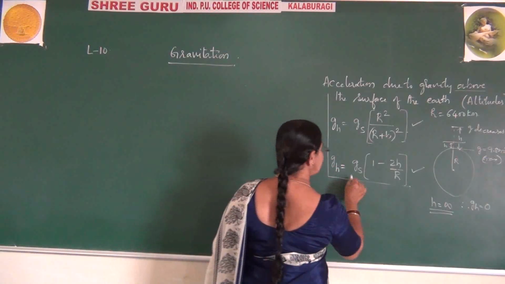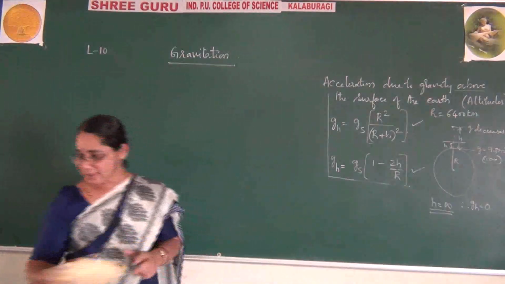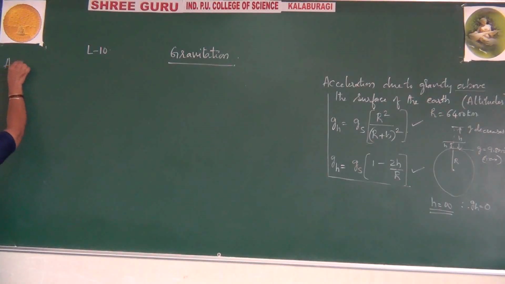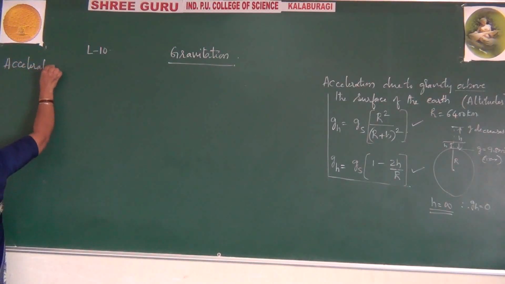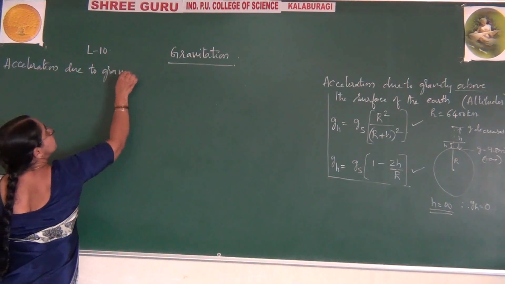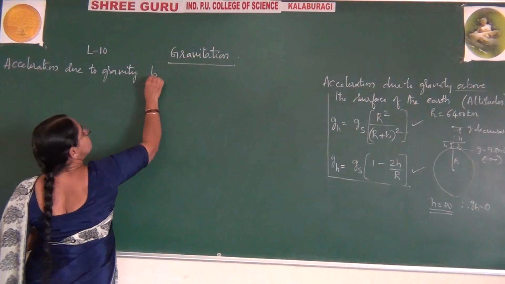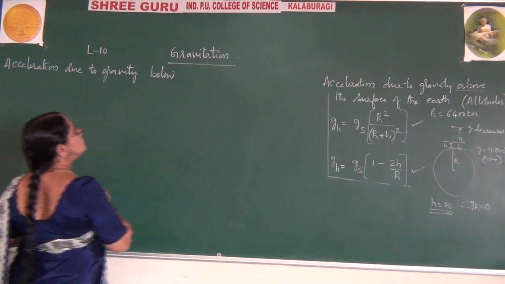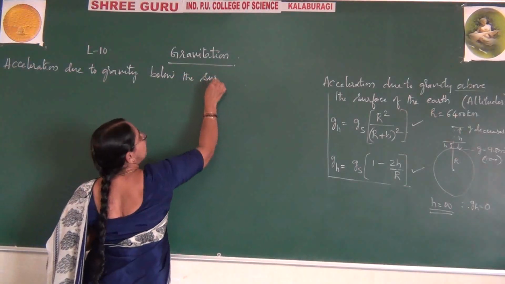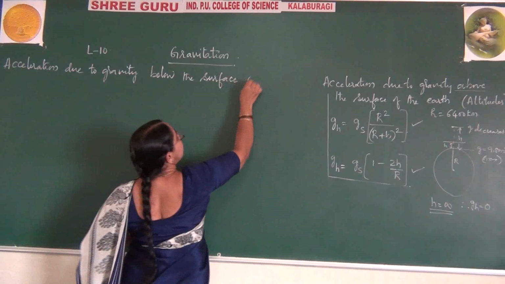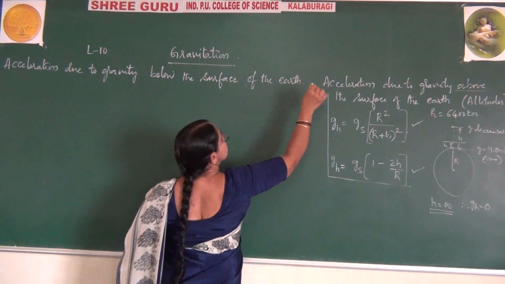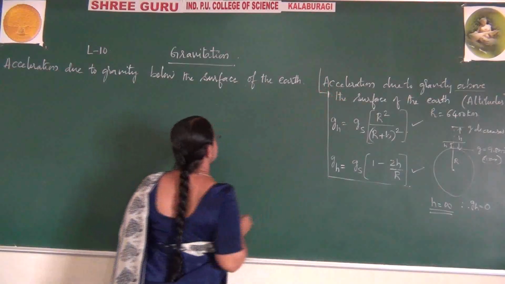This is yesterday's class condition. Let me keep it after completing, once again an alternative. Now let me go for the next one. Acceleration due to gravity below the surface of the earth, below the surface of the earth, right?